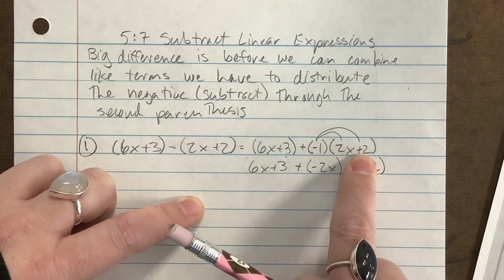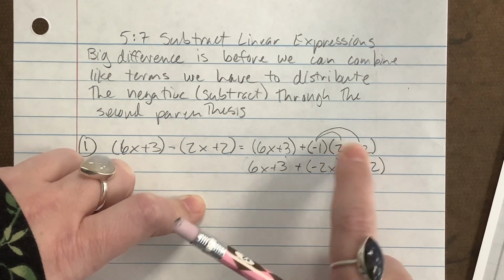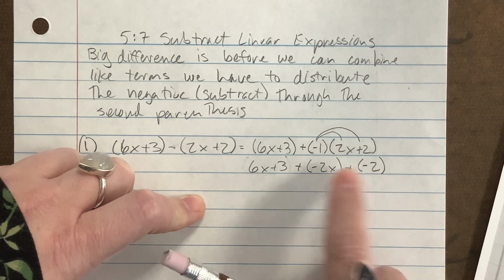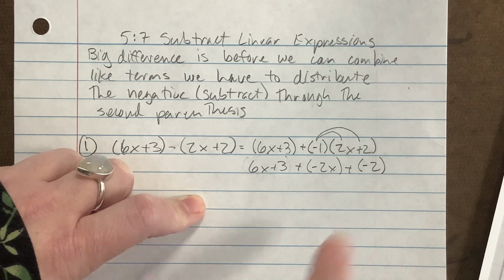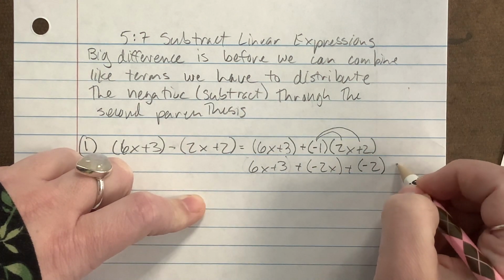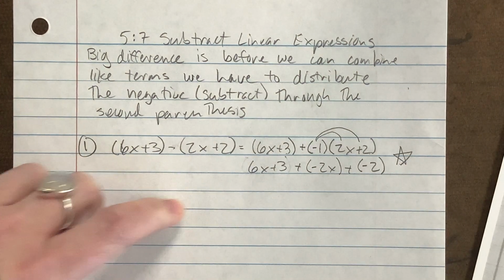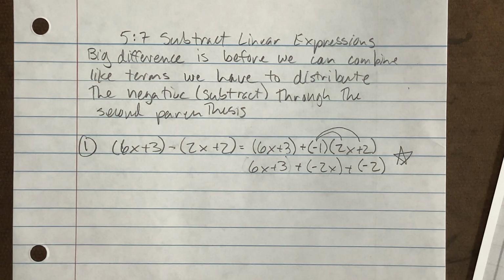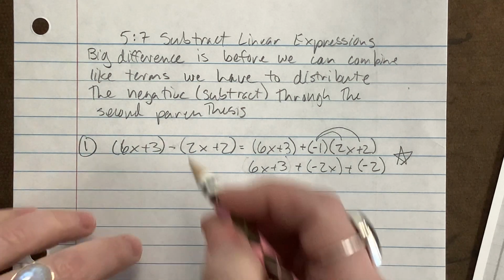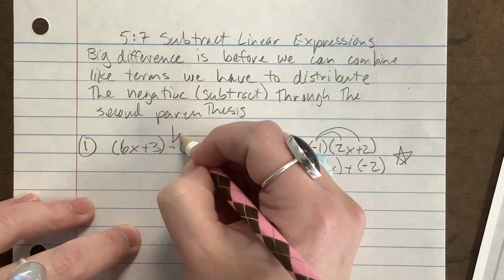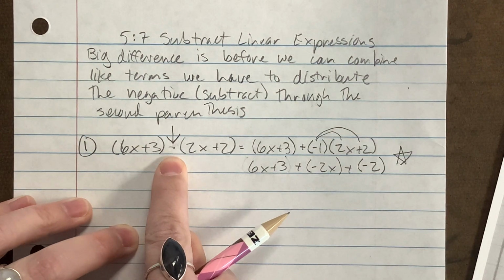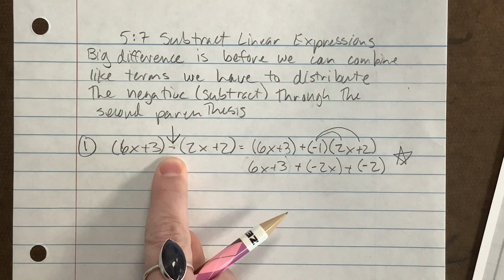See, both of these started out positive, and when we multiply them by a negative 1, it just turns them both negative. This is the key. This is what has to happen on every problem. You will make mistakes, so you really have to pay attention whether the number in the middle of the linear expressions is an addition or a subtraction.